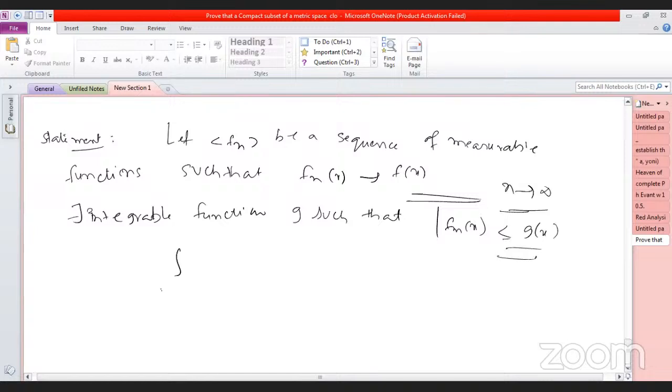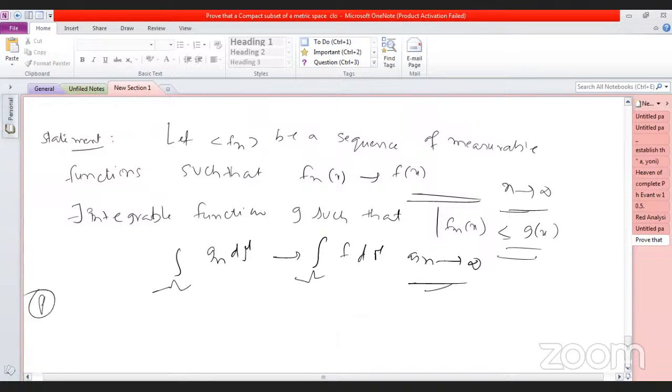So therefore the integral of g_n d mu tends to the integral of f d mu as n tends to infinity. Yesterday I only told this statement, now I am telling the whole thing. Then we are taking the proof here.